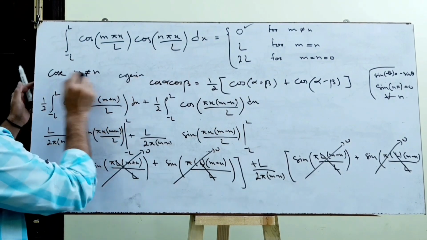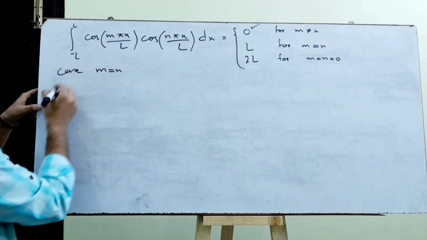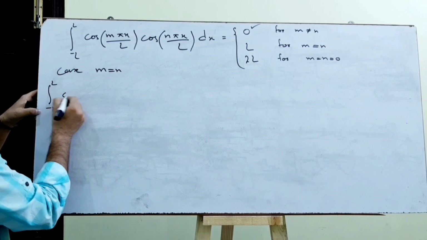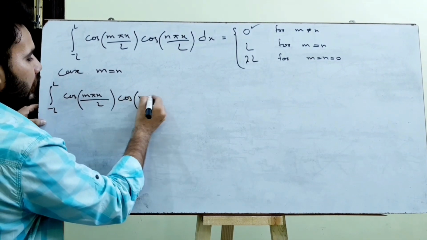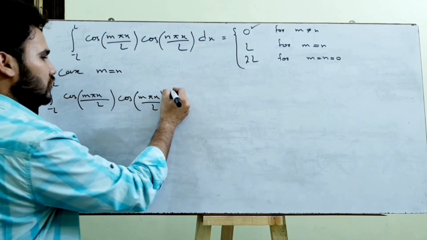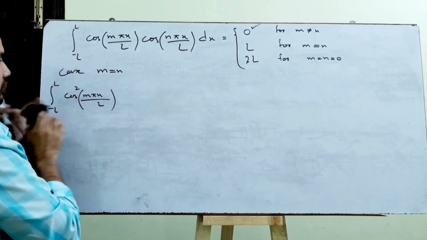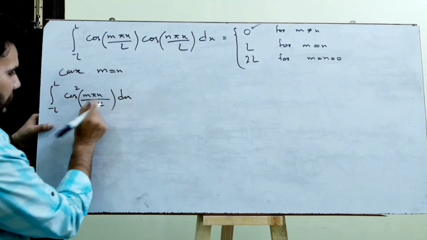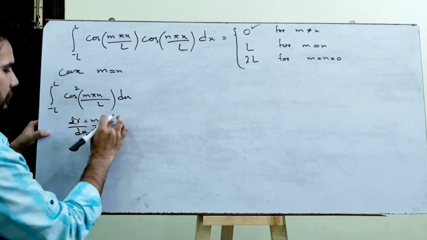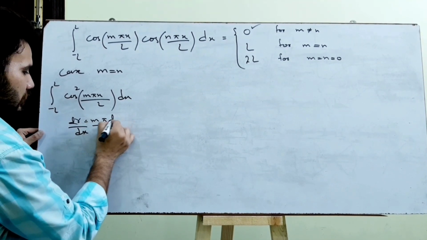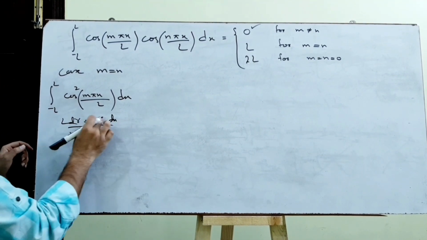Now for case number 2, where m is equal to n, this integral will be the integral from negative L to positive L of cosine m pi x over L times cosine m pi x over L dx. So this will be a square. Taking r equals m pi x over L, then dr by dx equals m pi over L, and L dr over m pi equals dx.